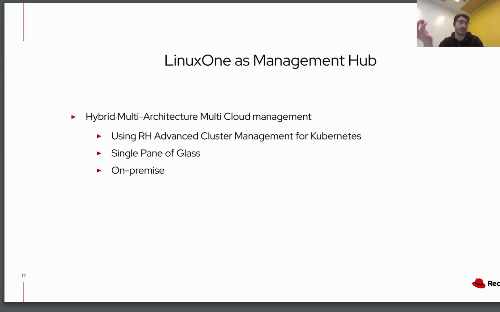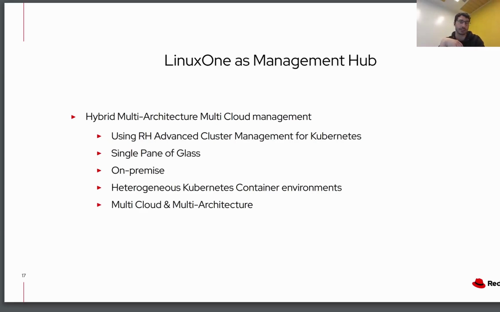And the other advantage is that obviously you would have this on-prem and then potentially manage clusters that are not on-prem. But also you can manage every kind of Kubernetes installation, not only OpenShift. So you might have, for instance, EKS, the managed Kubernetes on AWS, and you can still manage it from this kind of architecture, but also multi-cloud and multi-architecture.